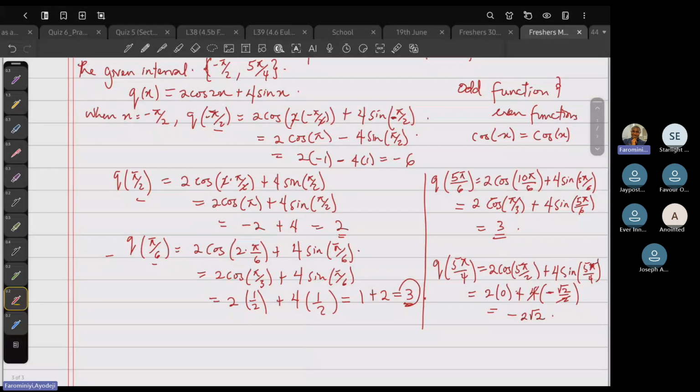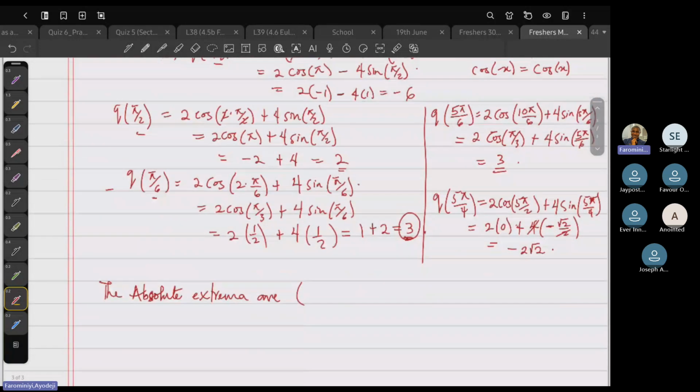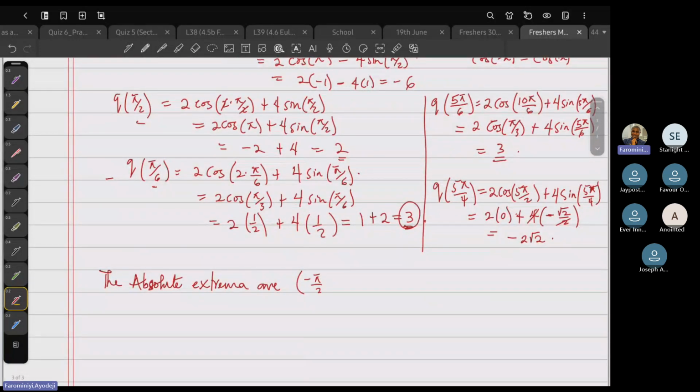So how do we write it? The absolute extrema are, so the first one is negative pi over 2 comma negative 6. So inside bracket, that is the absolute min.